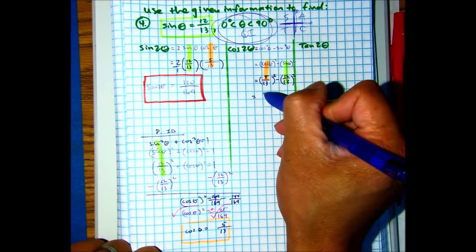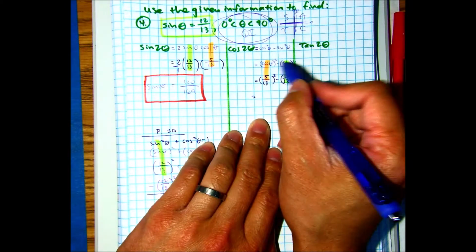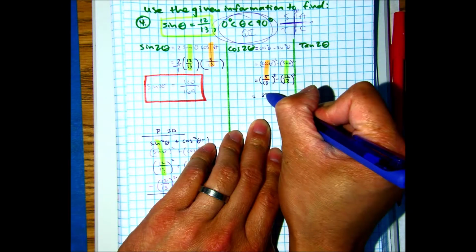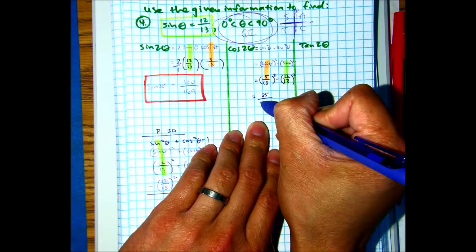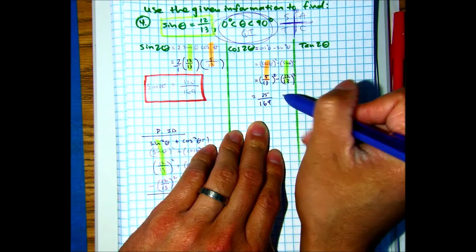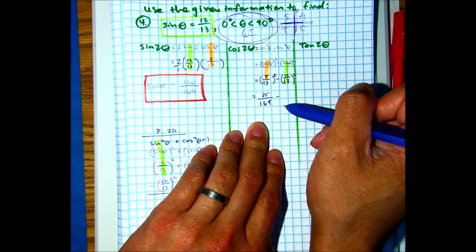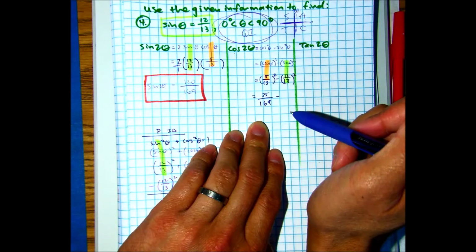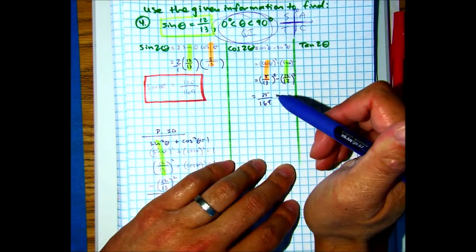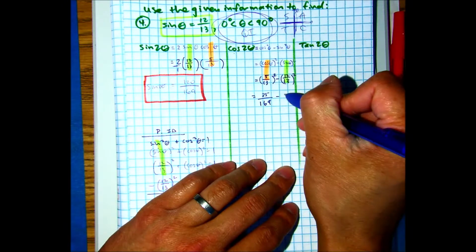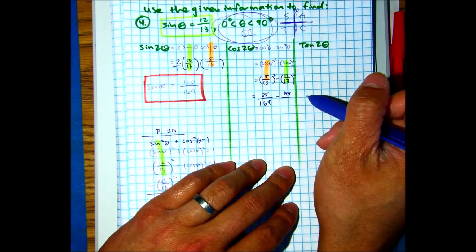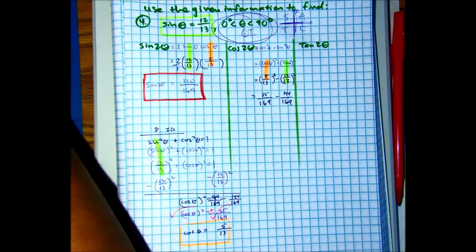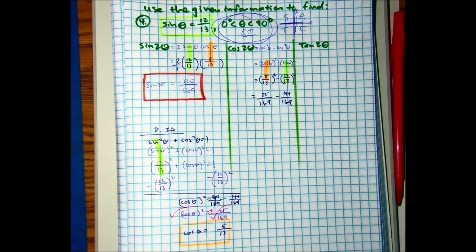David, what's 5 squared? 13 squared? David, 12 squared? 12 squared. And David, 13 squared. Thank you, Mary. I meant David. Joshua, simplify.